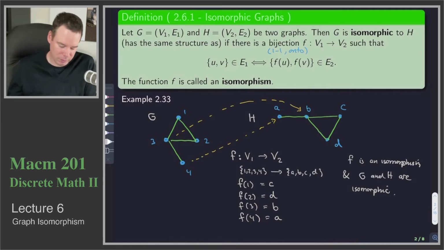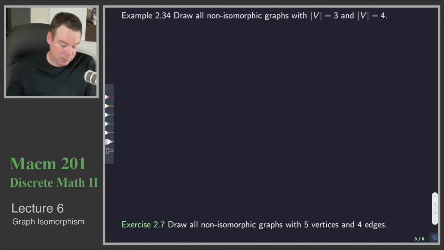They are isomorphic. This next example asks us to draw all non-isomorphic graphs with 3 vertices and all non-isomorphic graphs with 4 vertices. By non-isomorphic graphs, it means we're only interested in the shape or structure. Before, we actually did similar problems to this. Non-isomorphic, we just mean basically unlabeled.